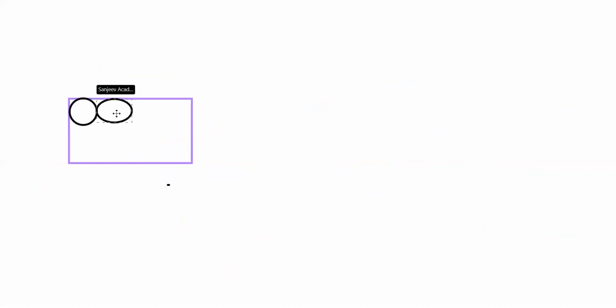For example, if it is solid in nature, I'll draw one small scenario here. In a solid, we know the molecules are tightly packed. I'm drawing big molecules to make it look tightly packed.